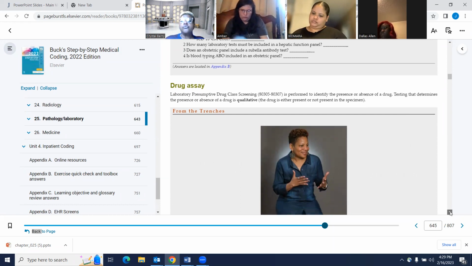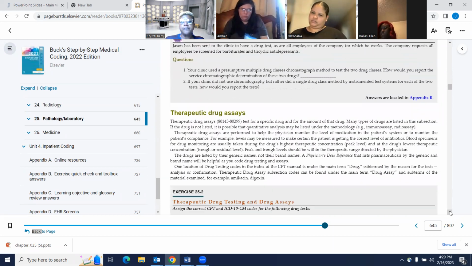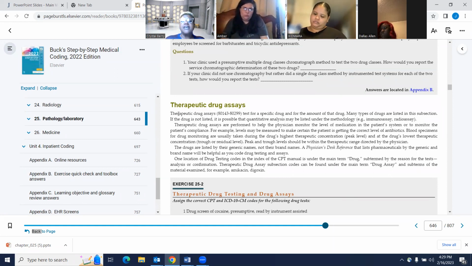So when you go to the therapeutic drug assays, 80143 through 80299, it's a test for a specific drug and for the amount, how much of that drug is in the system. Many types of drugs are listed in this subsection.